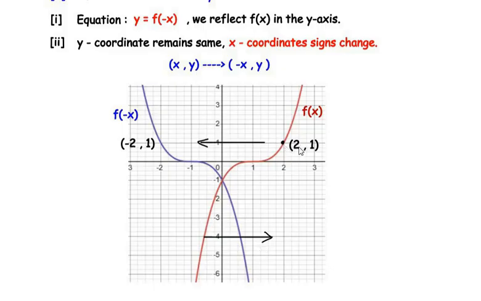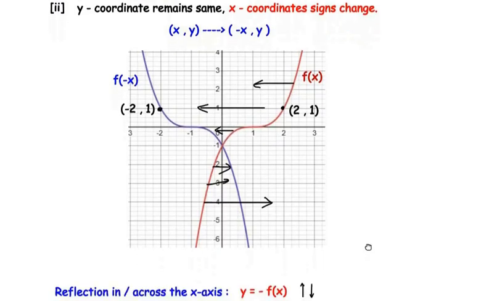So now (2, 1) is going to get reflected as (negative 2, 1). So the point is going to be over here. You can see the points on the parent function over here have all got reflected towards the right, and here all the points have got reflected towards the left. So this is what the reflection across or in the y-axis is going to look like.